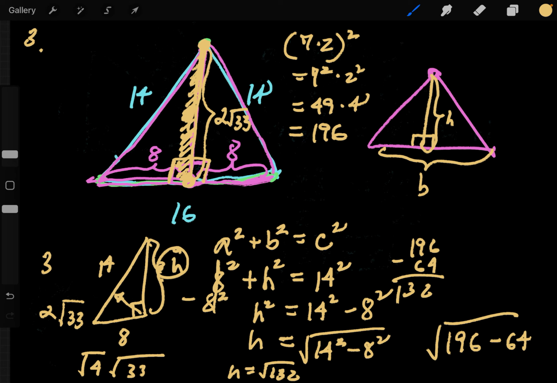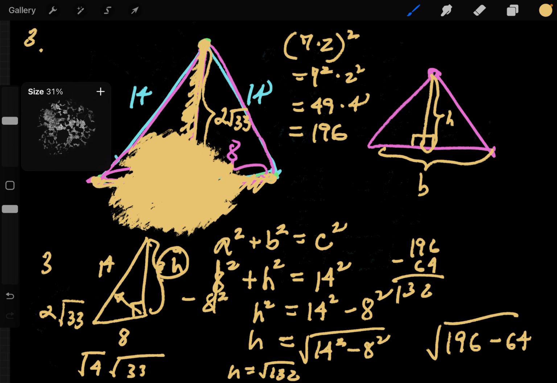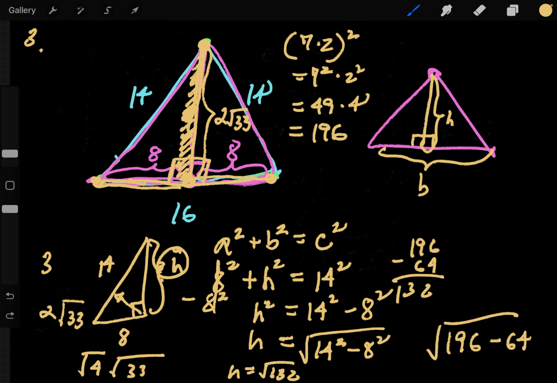So this is 2 times the square root of 33, and this length as a whole, this base, is 16. So your final answer you could leave as a square root. Now I have the base, which is 16, and a height for the original triangle.